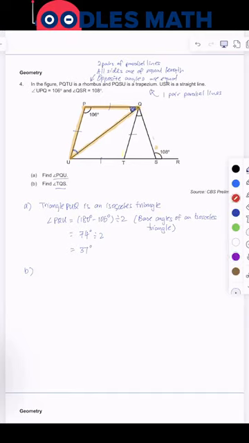The one in red, this is angle TQS that we are looking for now. Now, in order to do that, what do I need to first find? Let me fill in the angles that we found. This is 37 degrees. So, in order to find TQS, we need to first find a few different angles.